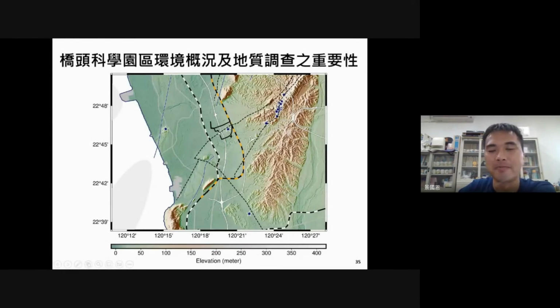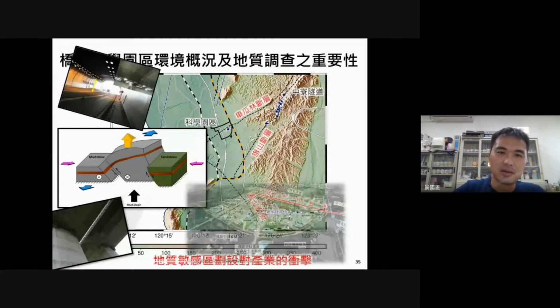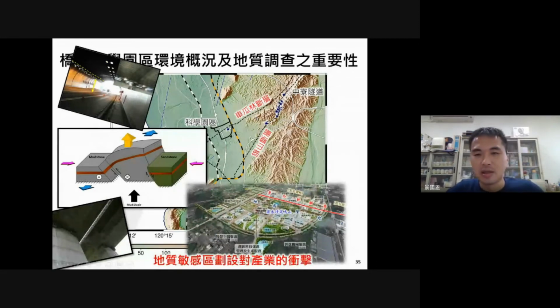It means the whole factories on these sites will suffer the damages caused by the earthquake, because the fault passes through it directly. Here I just show you some plans of the factories in this region.